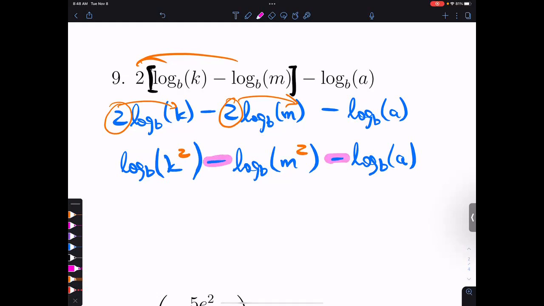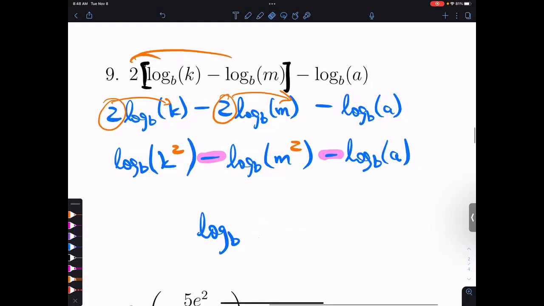And then we're subtracting, and subtraction becomes division when you combine them, right? So I'm going to take these 3 things and mush them into one log now. And inside that one log, we should have K squared divided by M squared divided again by A, right?